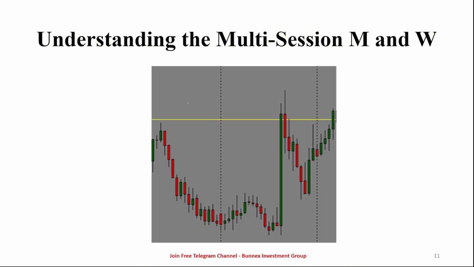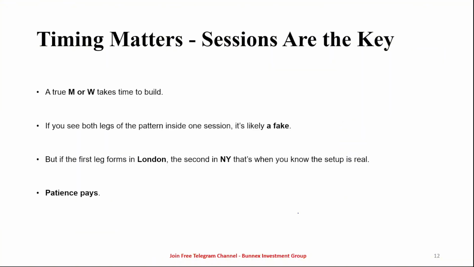All right, so basically the W pattern will actually look like this. First leg, and you can see this is the first leg level, which actually was created, and this is coming from a shark fin on the H4 time frame, and we can see the market shot right straight to the upside. So timing also matters, and sessions are the key. A true M or W takes time to build.